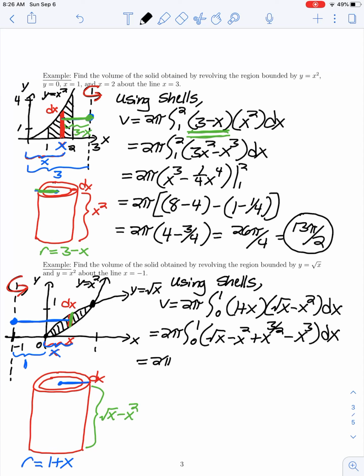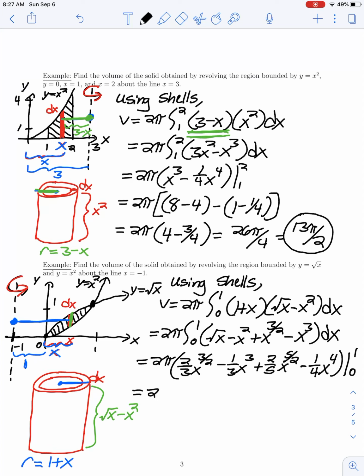We have 2 pi times the antiderivative of the square root of x, which is 2/3 x to the 3/2, minus the antiderivative of x squared, which is 1/3 x cubed, plus the antiderivative of x to the 3/2, which is 2/5 x to the 5/2, and then minus the antiderivative of x cubed, which is 1/4 x to the 4th, and the whole thing is being evaluated from x equals 0 to 1.